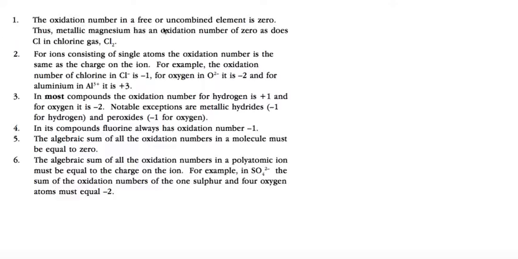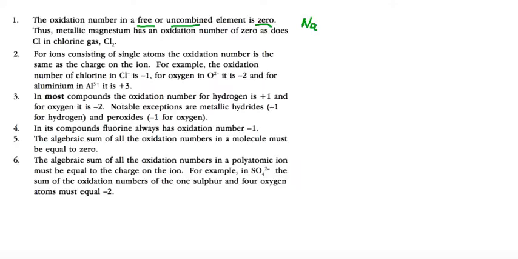The important part. Rule number one: the oxidation number of a free or uncombined element is zero. For example, if I write sodium, that's a free uncombined element, so that's zero.